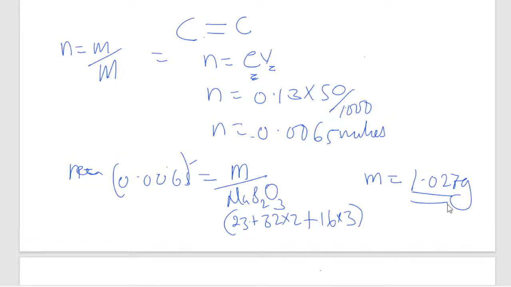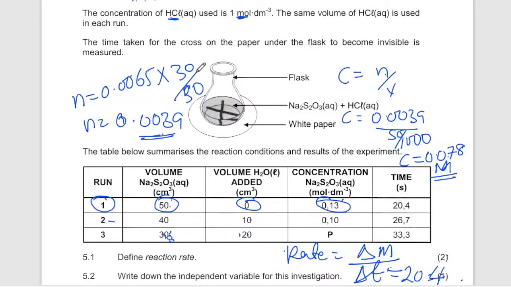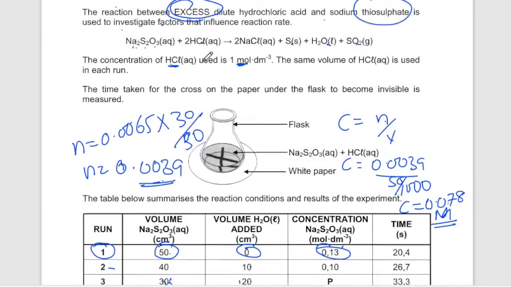Understand? Yes. So now that is the mass which we started with. Why? Because guys, don't forget that this hydrochloric acid was in excess. So it is zinc which is going to act as a limiting reagent.